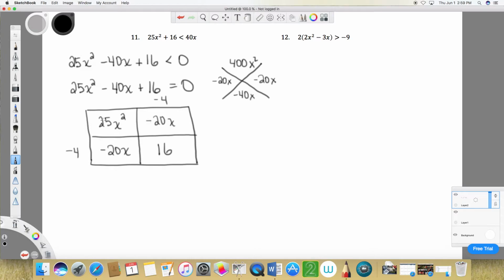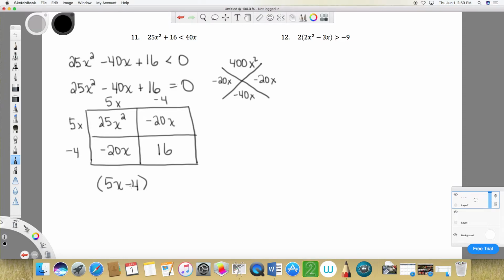If I factor these, I see that this 5x divides both of those terms. You can check that 5x times 5x is 25x squared, and you can check the rest of the entries in the table. So anyway, this factors to 5x minus 4 times 5x minus 4.